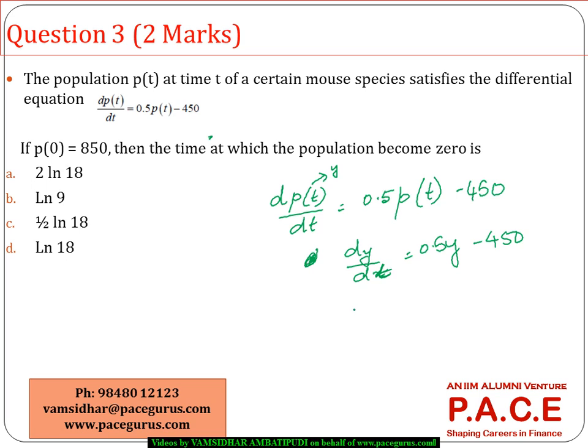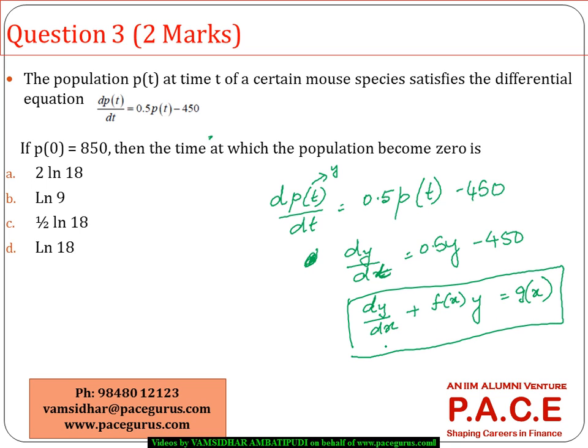We have seen in one of our lectures that if at all we are talking about dy by dx plus f of x times y is equal to g of x form, if our differential equation is of this form, we said we will take e power integral f of x dx as the multiplication factor across.